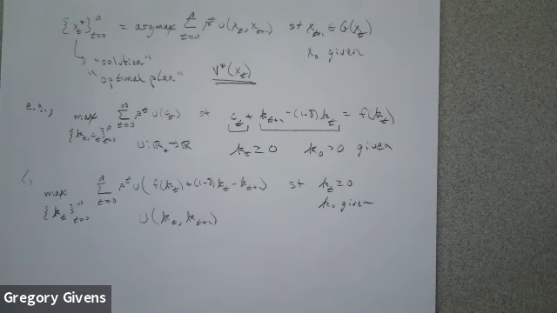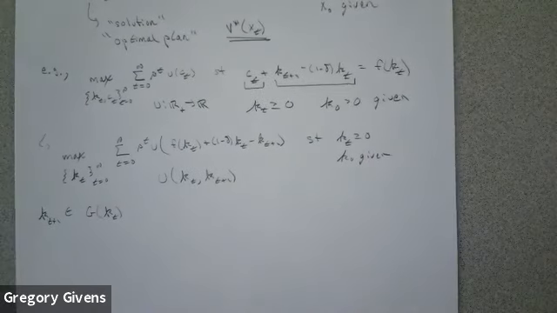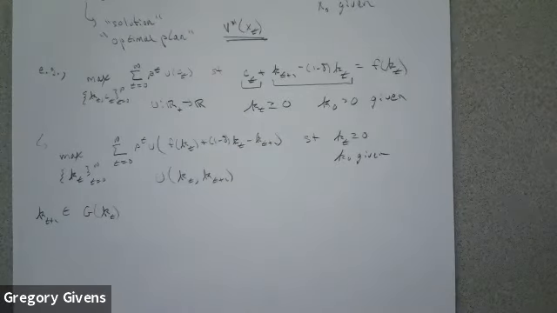Now, one thing that I want to clarify here is this constraint correspondence. What is G equal to here? Remember, K_t plus 1, that is the planner's choice of next period's capital stock, is constrained to some extent. It has to live inside of this set valued mapping G. Well, what does that mapping look like?